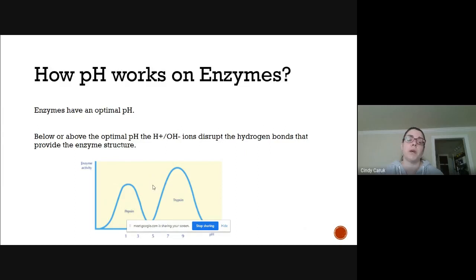That helps denature the pepsin and make sure the trypsin and the other enzymes working in the small intestine are the only ones that are functioning. Below or above the optimal pH, hydrogen ions and hydroxyl ions disrupt those hydrogen bonds that provide the enzyme its structure. So again, you lose structure, you lose function, because structure defines function.